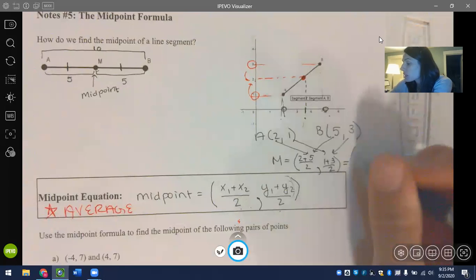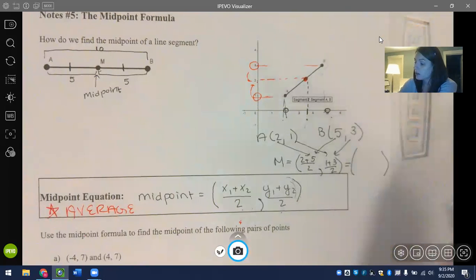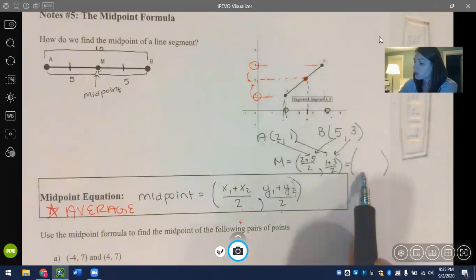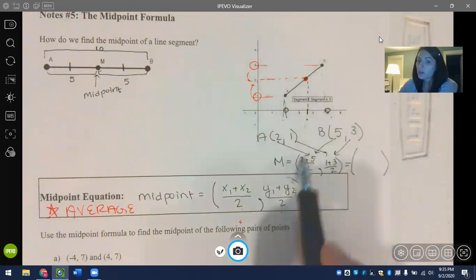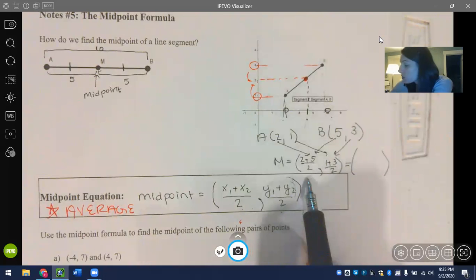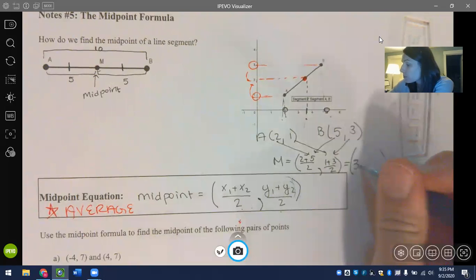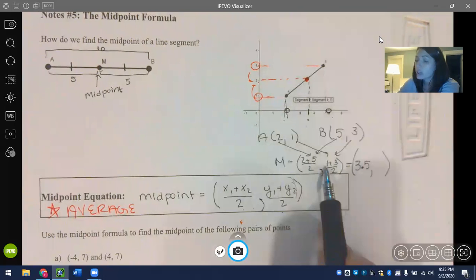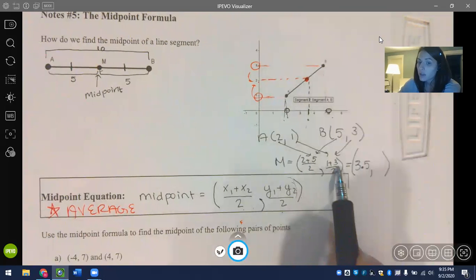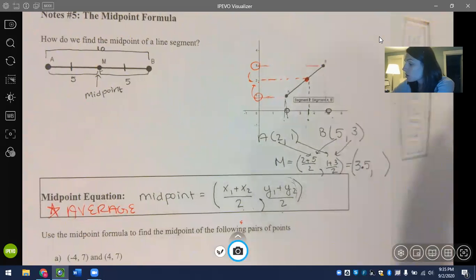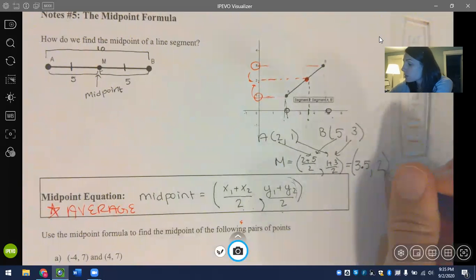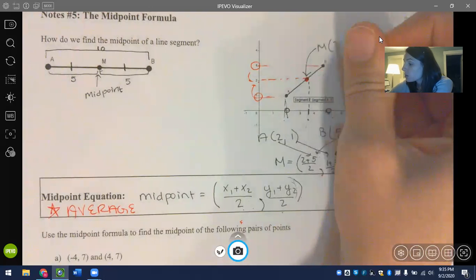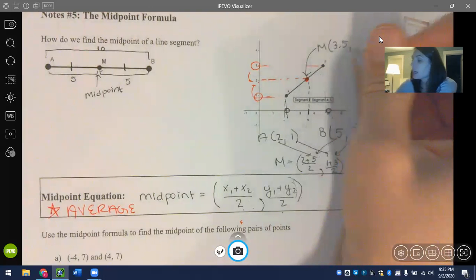And that's going to give me a new ordered pair with an x and a y value. So my x value, 5 plus 2 is 7, divided by 2 is 3.5. 1 plus 3 is 4, divided by 2 is 2, which is how I get this midpoint we already talked about, at 3.5, 2.